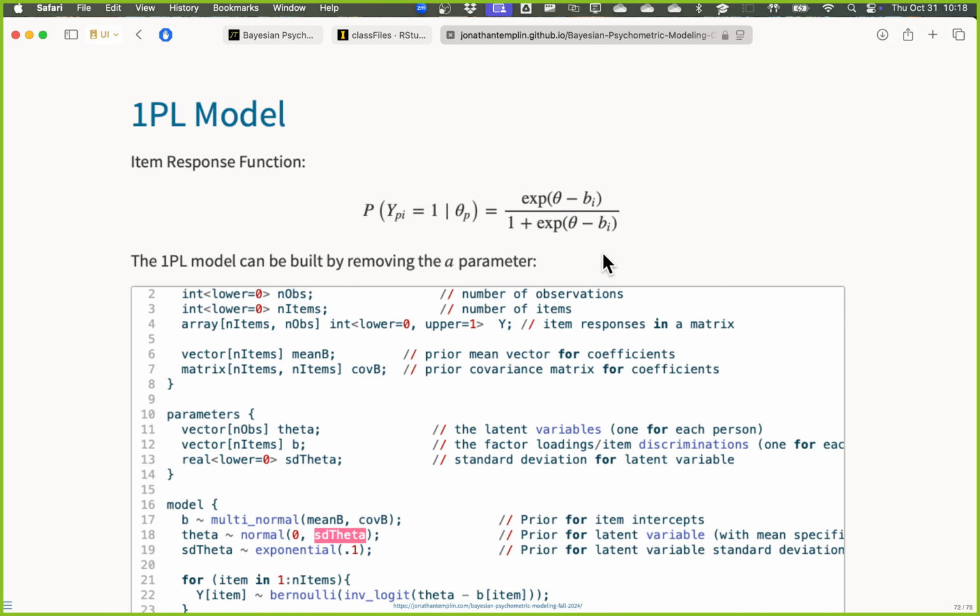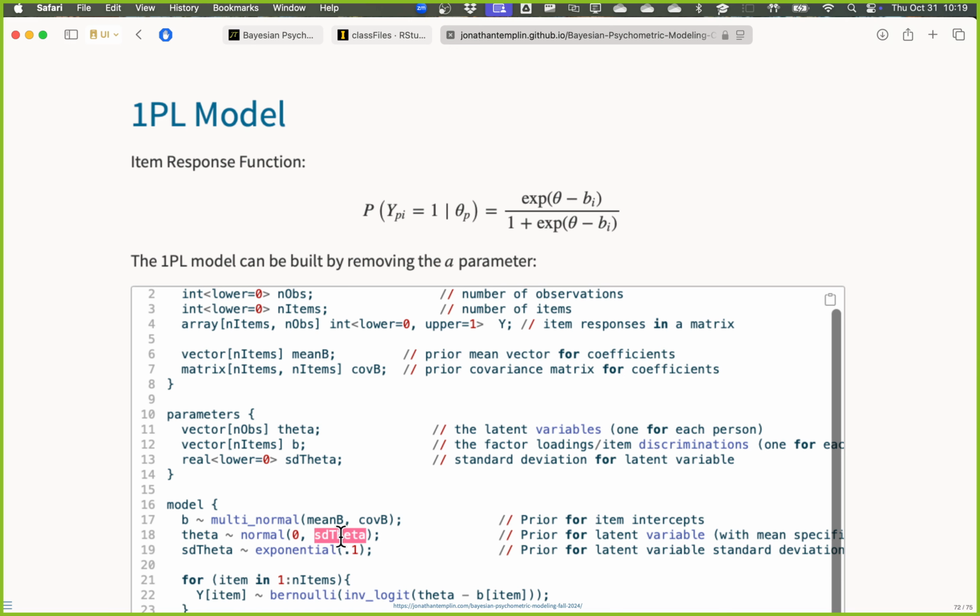So I can estimate the standard deviation of theta right here. Now, instead of having a standard normal distribution for theta, I can estimate its standard deviation. Turns out that's equivalent to a 1 parameter model where all the A's are equal to the standard deviation of theta. Go figure. You can do the math and show they're equivalent, so I don't know if that becomes Rasch or not, but leave that alone.